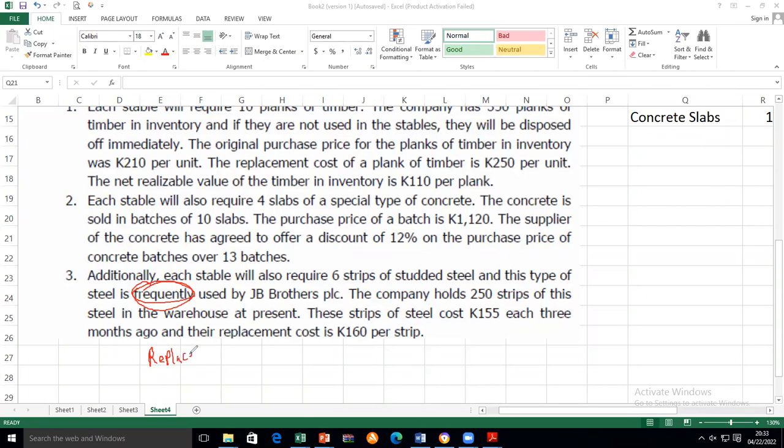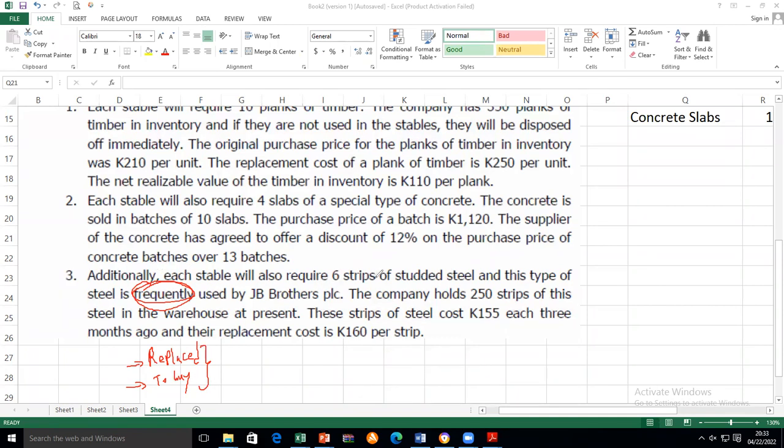What is in stock is going to be replaced. What we don't have, we are still going to purchase at the same price. So just look at the purchase price multiplied by what we need.